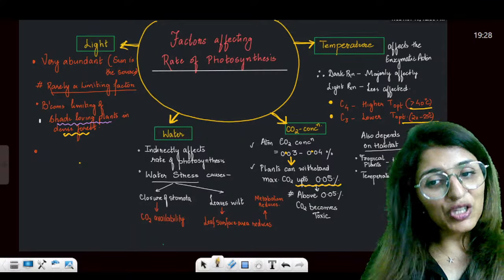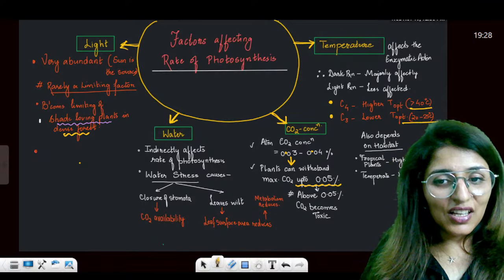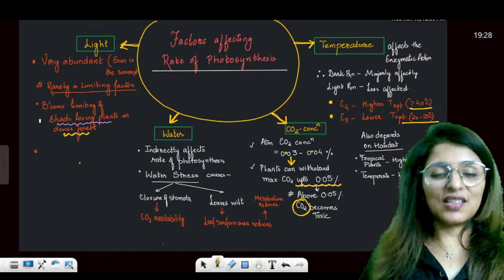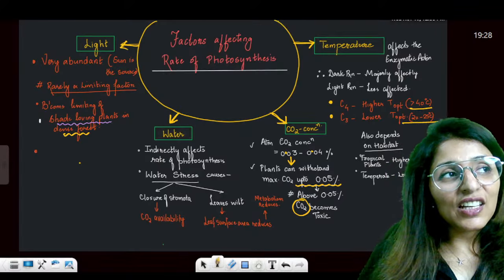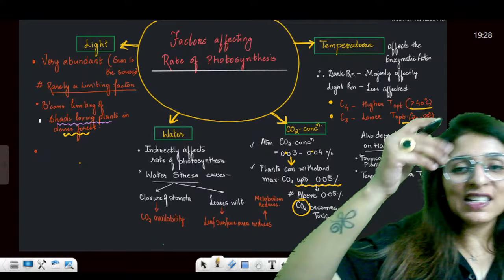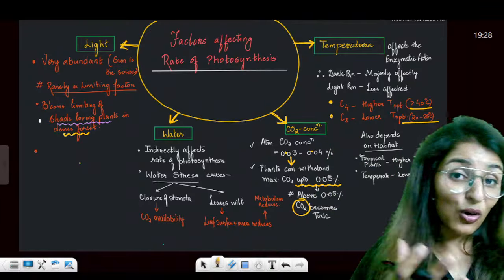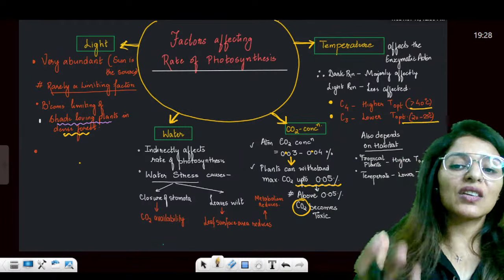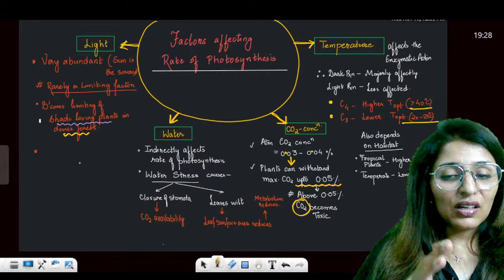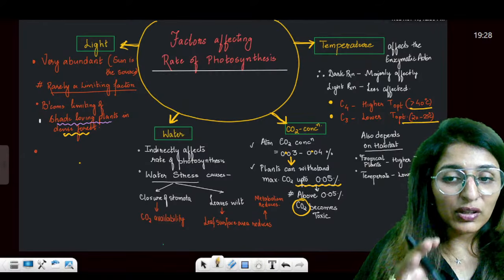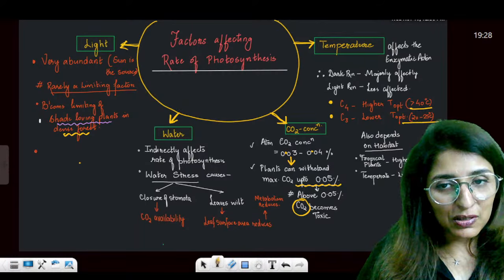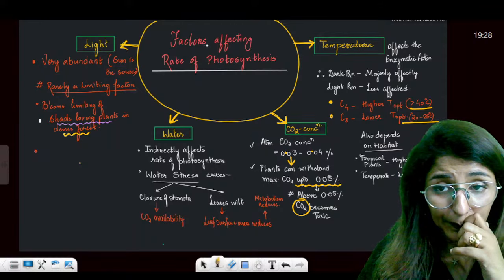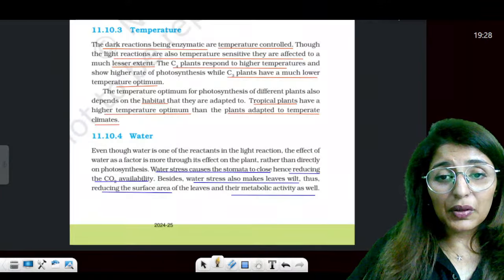If you go beyond 0.5% CO2, then CO2 becomes toxic. So do you understand? It's not the case that, okay, let the pollution increase, at least plants are happy. No, plants are not happy getting so much CO2. Even CO2 becomes toxic for the plant. They cannot tolerate more than 0.5% of CO2 in the atmosphere. Is this point clear to everyone?